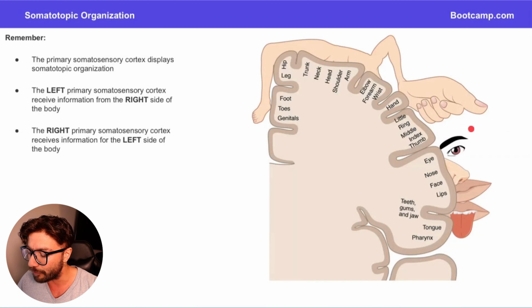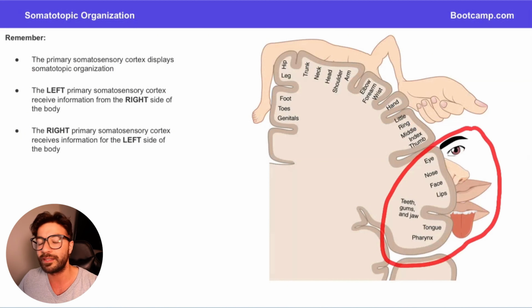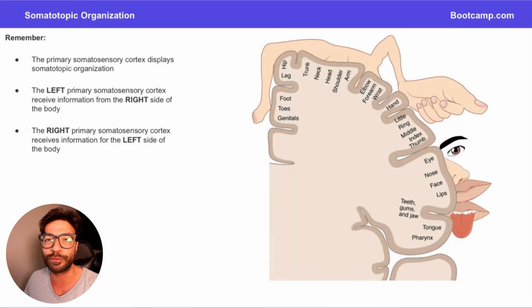And then our face sensation, this is going to be found towards the most lateral and inferior aspect of the somatosensory cortex. Now, it's also important to note that the left primary somatosensory cortex is going to interpret information coming from the right side of the body, and the right primary somatosensory cortex will interpret information coming from the left side of the body. So there's a decussation or a crossing at some point along these pathways.